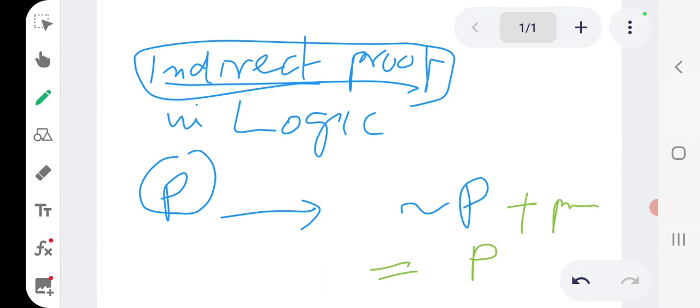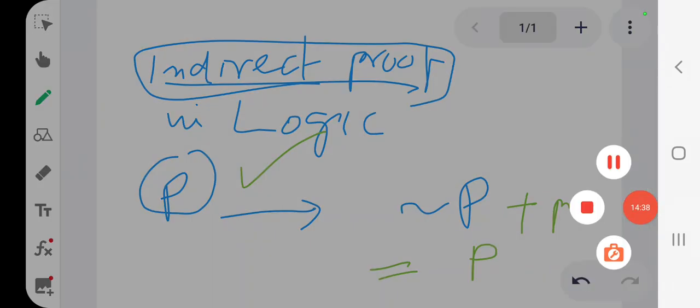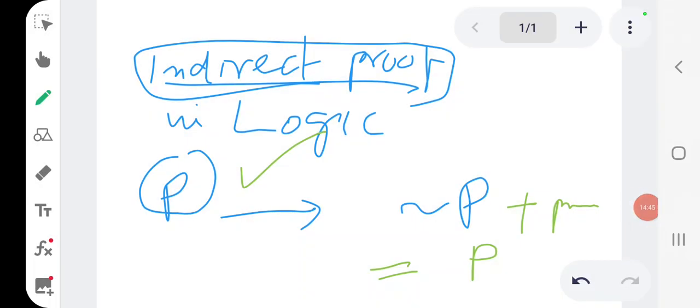That means that if the negation of this leads to a contradiction, then this must be true. That's one form. And there is another way of indirect proofs as well. You don't need to go into that. But this is reductio ad absurdum.